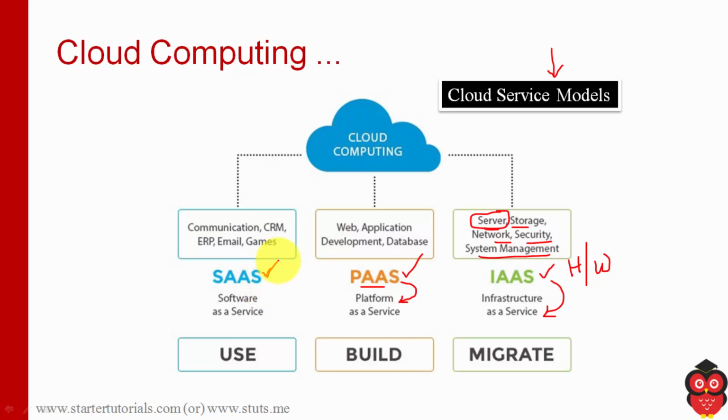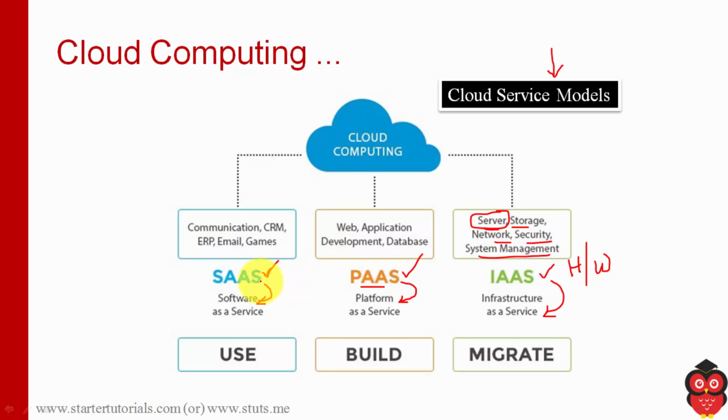And last one, and very popular one, is software as a service. We are daily using this thing, maybe you don't know about this. If you take Gmail, it's software as a service. If you take Google Drive, it is software as a service. If you take Dropbox, it is software as a service. If you take Netflix, it is software as a service. Many of the applications are running as software as a service on the cloud.